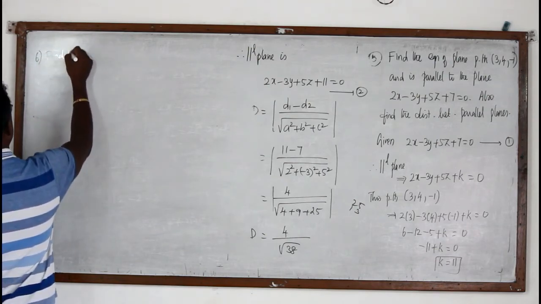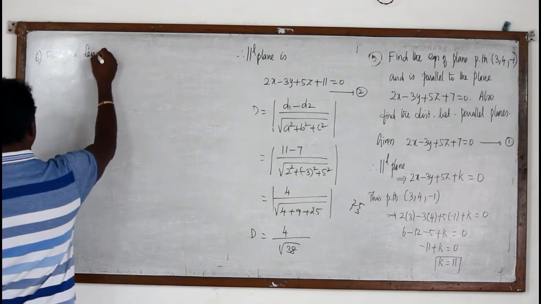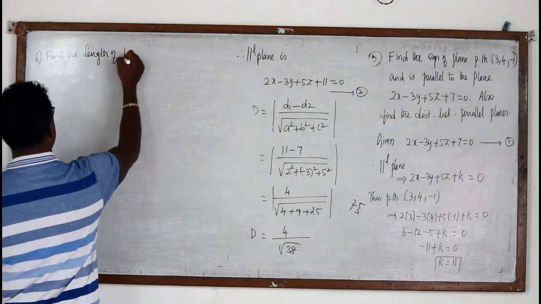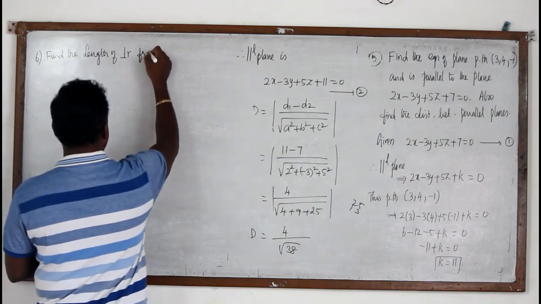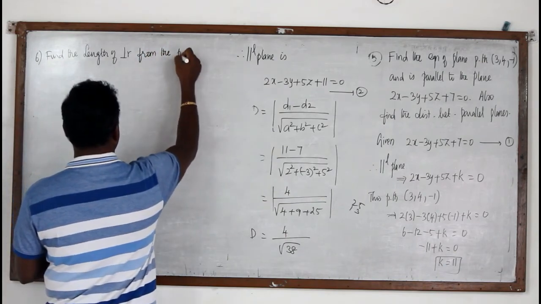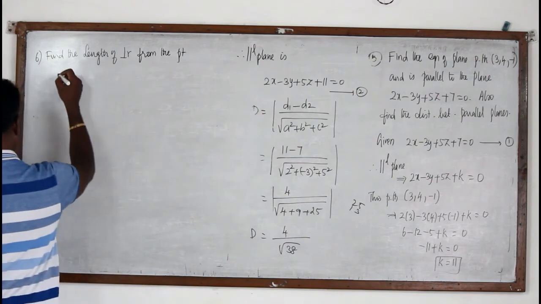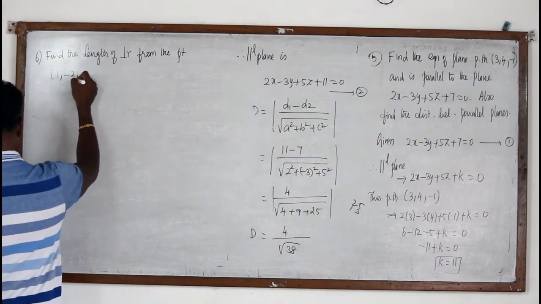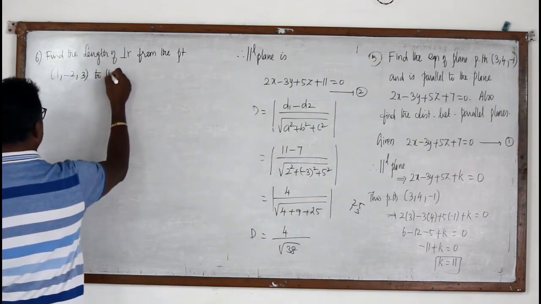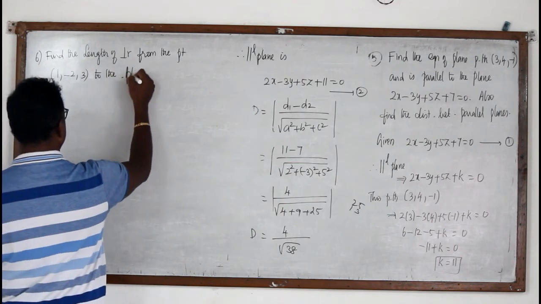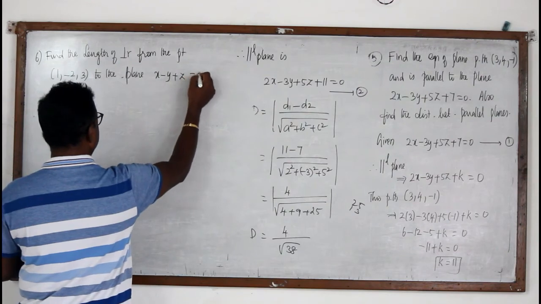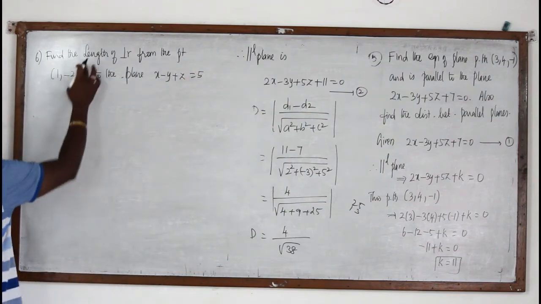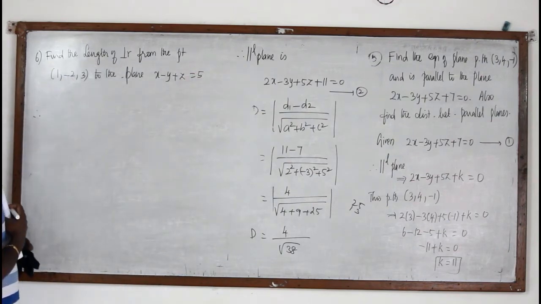Find the length of perpendicular from the point 1, minus 2, 3 to the plane x minus y plus z equal to 5. Length of perpendicular means the distance, isn't it?